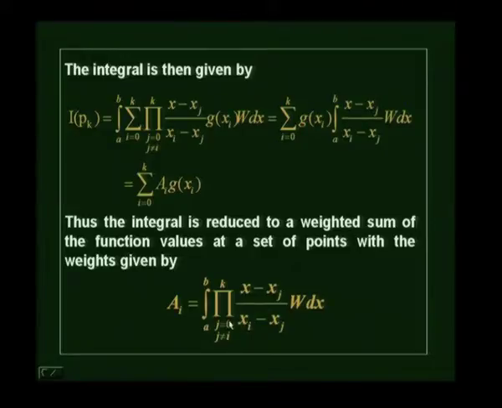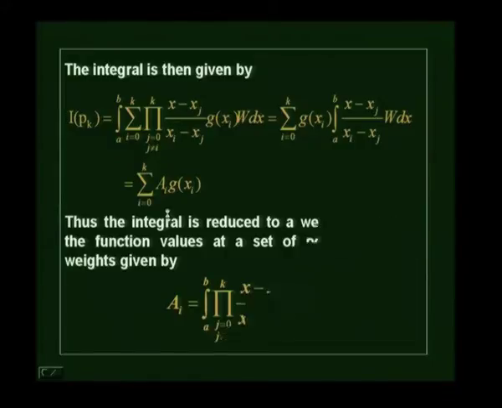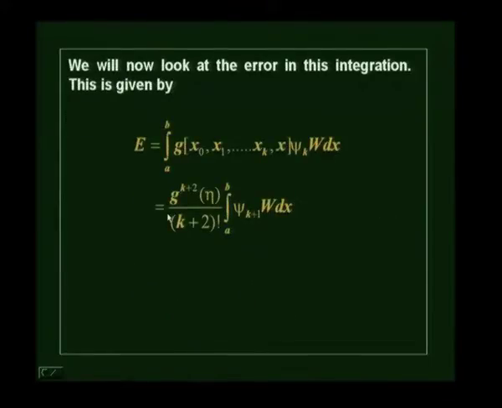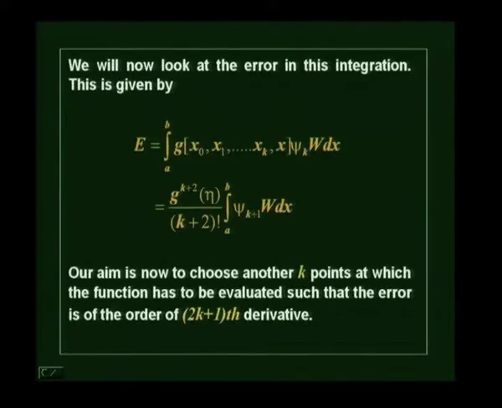Now, again we are reduced to only finding the values of these xi's. Once you know that, we know how to compute ai's, and given the order of the polynomial, we can construct the integral as a weighted sum of the function values at those points. Okay. So, now we go down and then we will see how we construct those points. Okay. So, once we have this quantity written in that form, then our error will keep going down, right, k plus 1, k plus 2, k plus n, etc., up to the 2k plus 1th derivative.